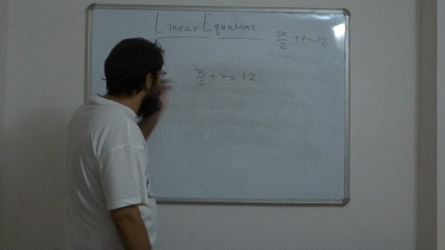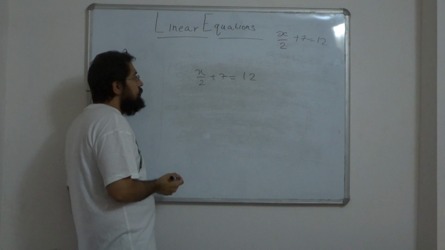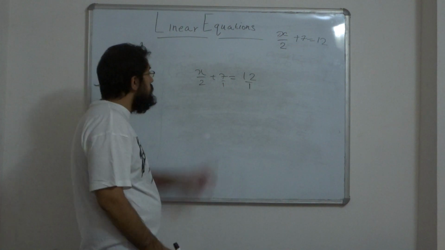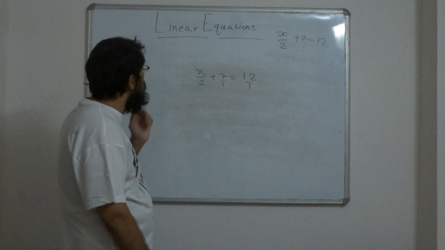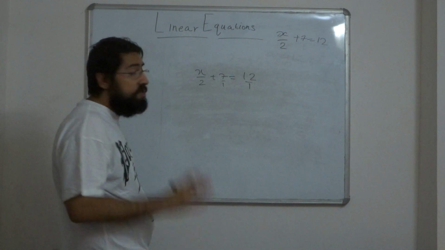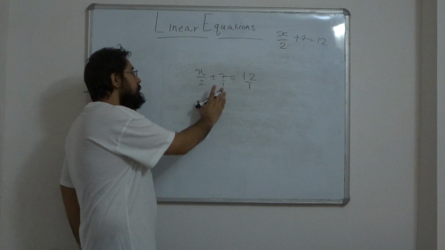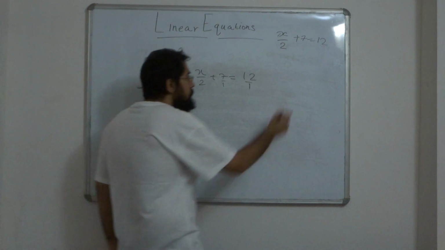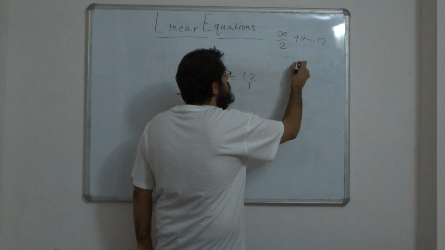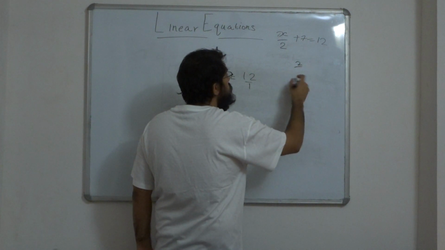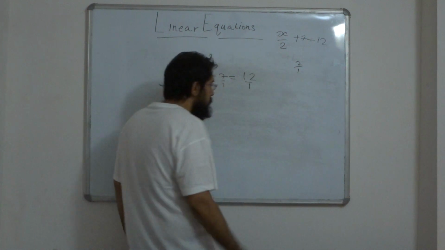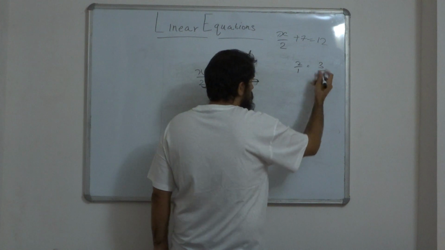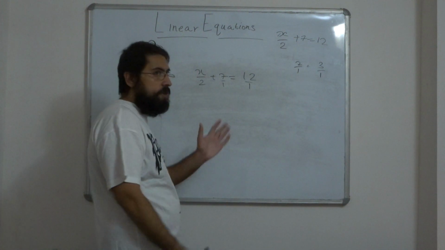Okay, so now this is what it is. Now, guys, the thing is that obviously this is 7 and this is 12, and there's nothing in the denominator. So when there's nothing in the denominator, we assume the denominator to be 1. The reason we assume the denominator to be 1, guys, is because when your answer is left as 2, you can assume it to be 2 over 1 as well. And anything divided by 1 is the number itself.